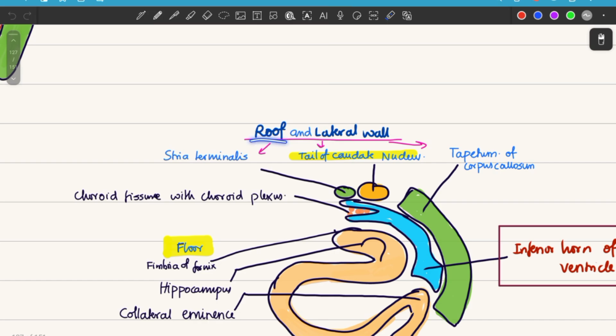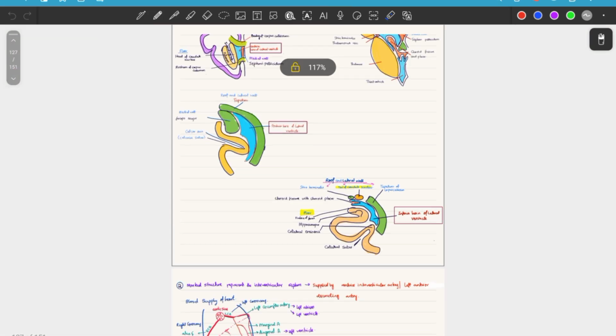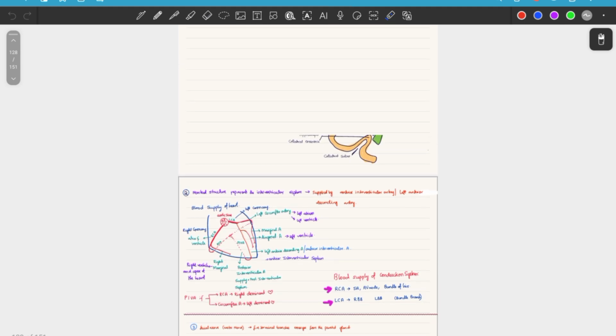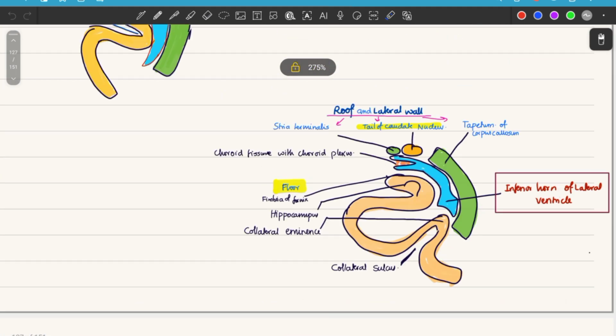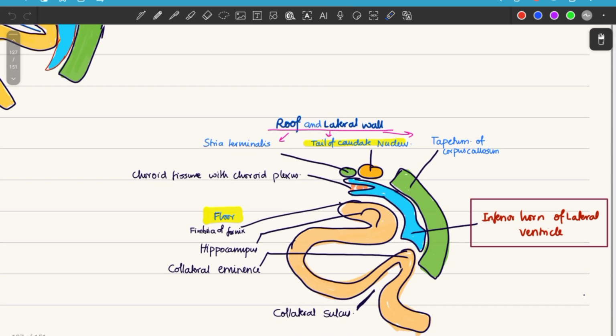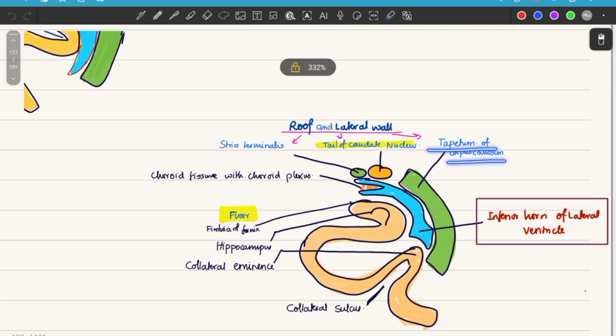In the roof you can see the tail of the caudate nucleus. The tail will come here, so it is also forming a roof. The tail of the caudate nucleus forms a roof of the inferior horn of the lateral ventricle, and also the tapetum of the corpus callosum.